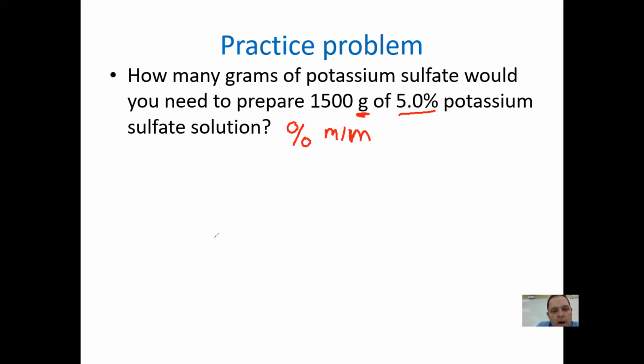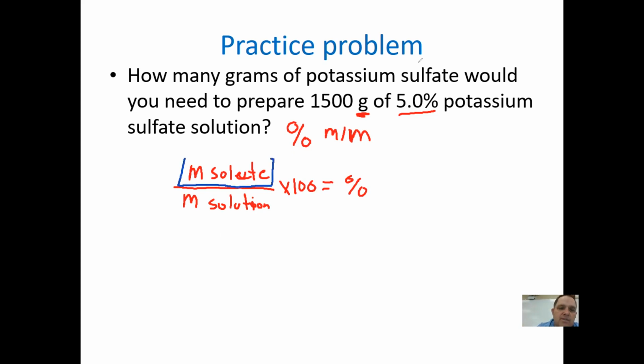We know that we want the mass of the solute over the mass of the solution times 100. And that gives us our actual percent. In this question, it's asking for how much. So we're really looking for the mass of the solute.